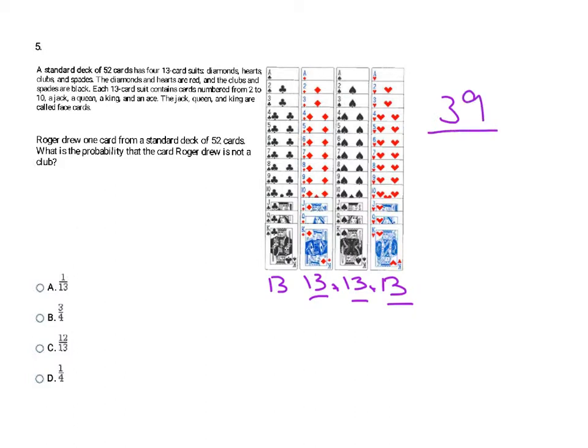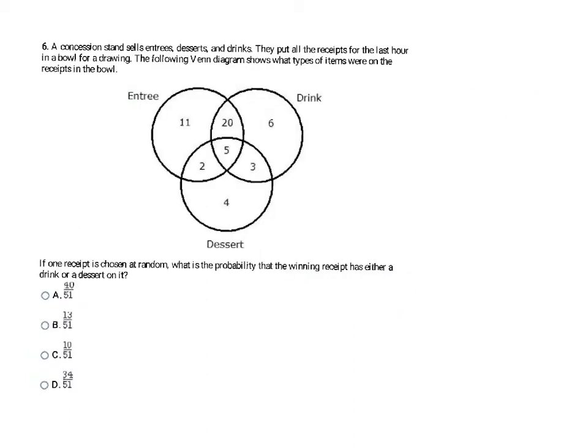So there's 39 cards that are not clubs out of 52 total cards. And then 39 over 52 can be reduced by 13, and that's 3/4. So 3 out of 4 cards is not a club, and that's going to make B my final answer.